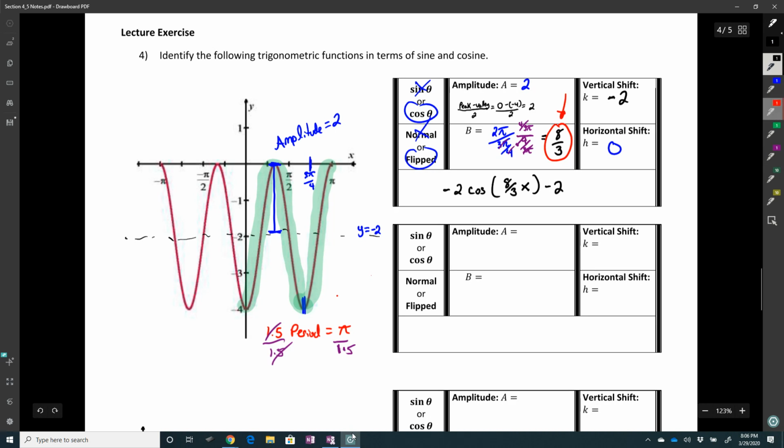You end up with the period is equal to, now you can even do 1 over 1.5 in your calculator. If you do 1 divided by 1.5 and math frac that, that's 2/3. So that's 2 pi over 3. So the period wasn't really 3 pi over 4. The period was 2 pi over 3.